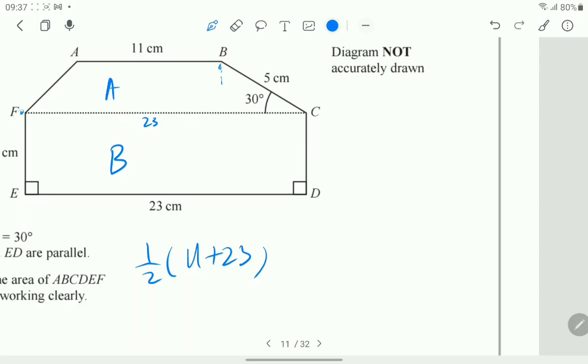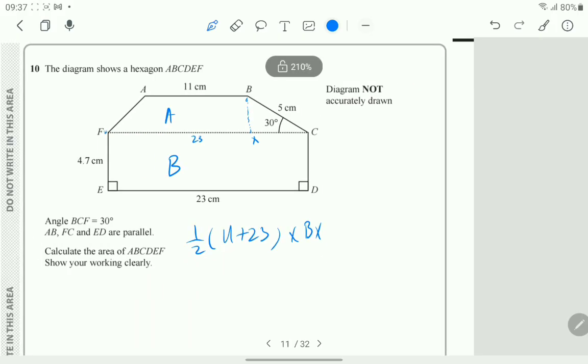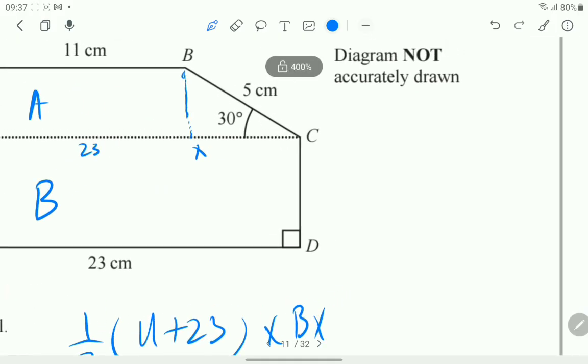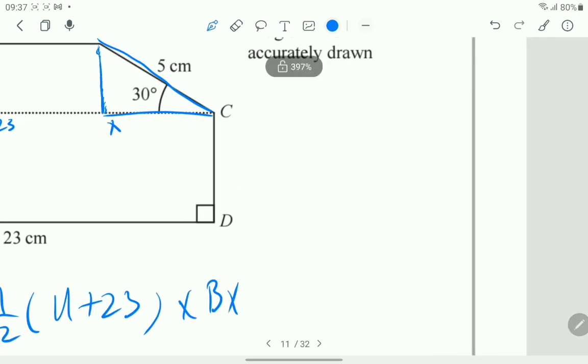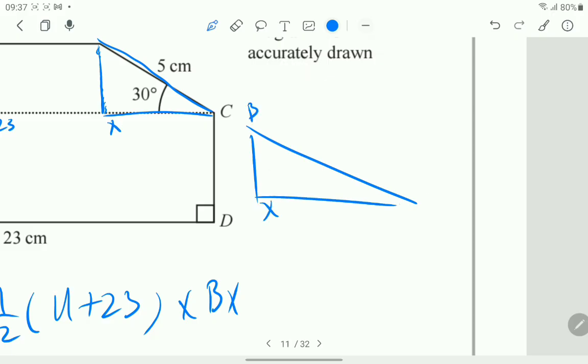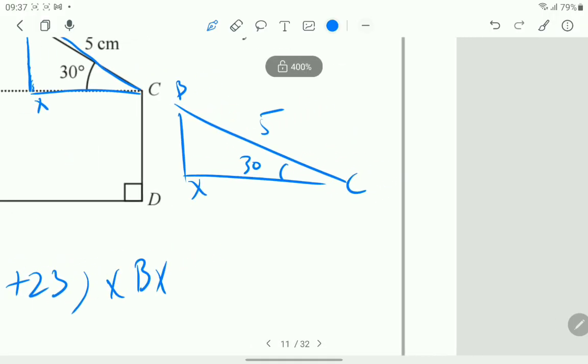The height would be BX, and in order to find BX, we can see right here that we have a right angle triangle, BXC, this is 30 degrees, and this is 5. So using trigonometry, we know that sine 30 is BX over 5.